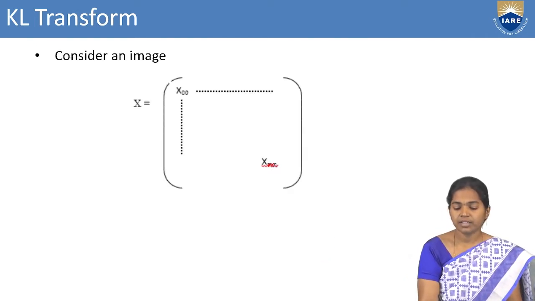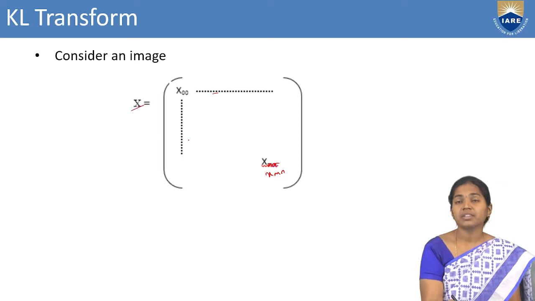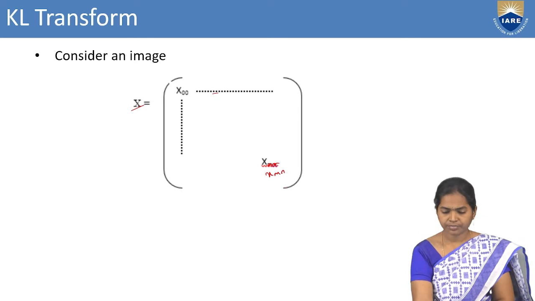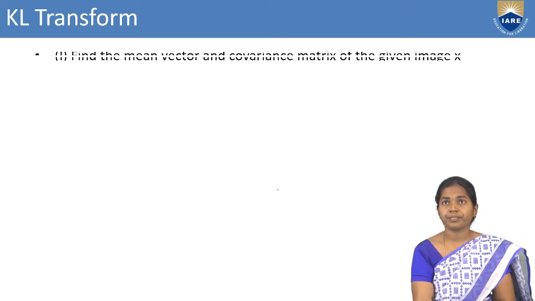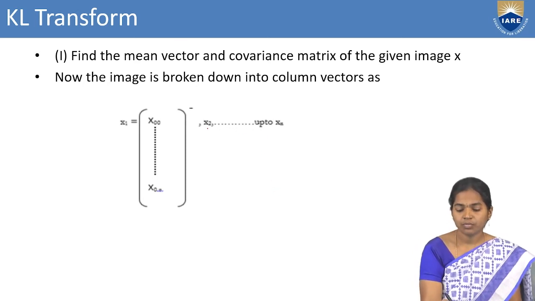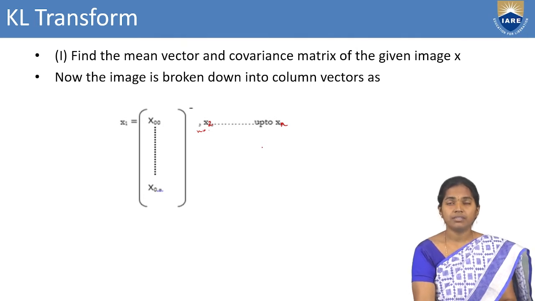So here consider the image. We are representing it as x equals x00 to xmn. This is the image. Next, find the mean vector and covariance matrix of the given image x.